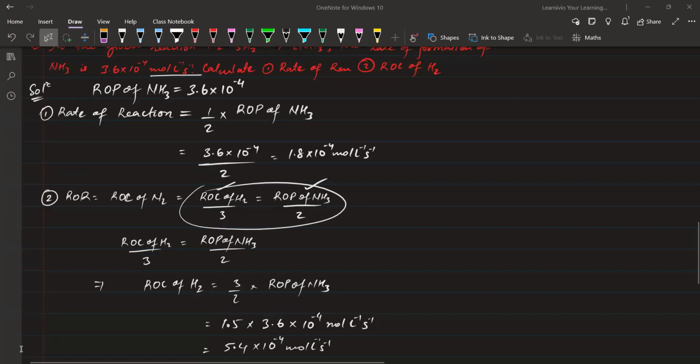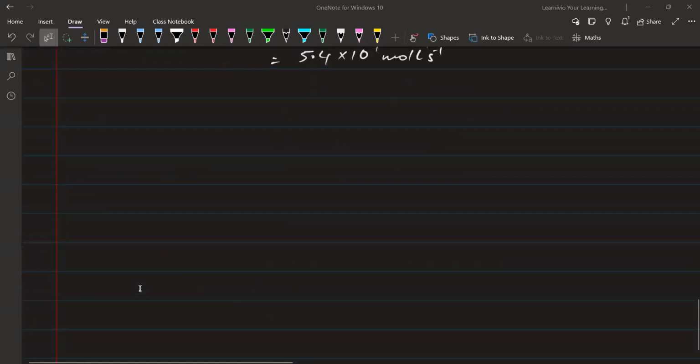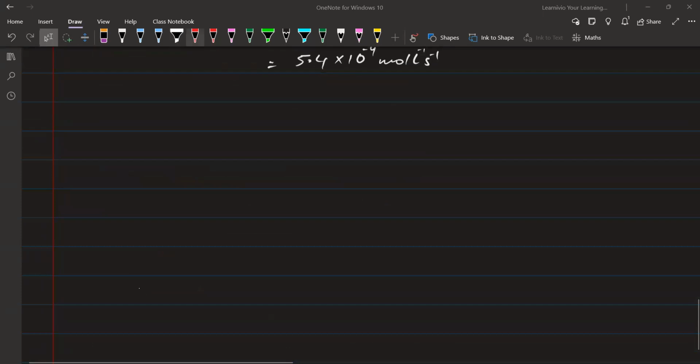Let us write. For the given reaction, A plus 3B gives you 2C.